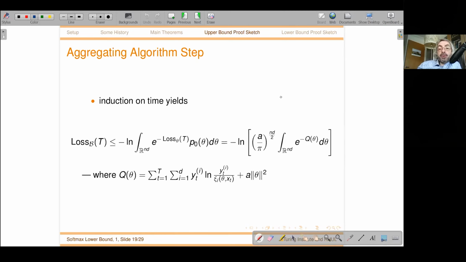It can be shown by induction that the loss of the Bayesian mixture can be upper bounded as follows. So the task of upper bounding this reduces to analysis of this integral. And this is the integral of the exponent of minus this expression.